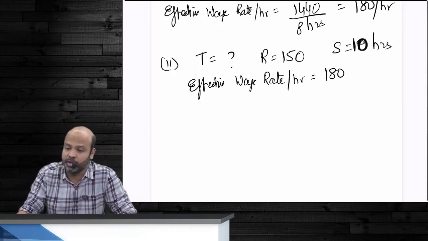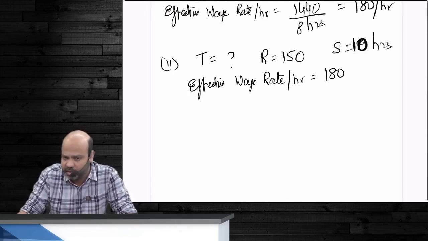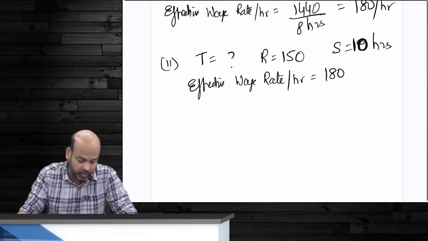Just like how you did in the homework question, guys, you will have to take T as a missing figure and then compute T using effective wage rate of 180 rupees. If you're already done with it, good for you.